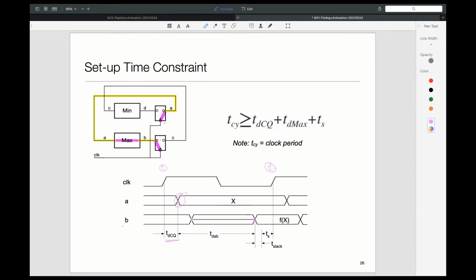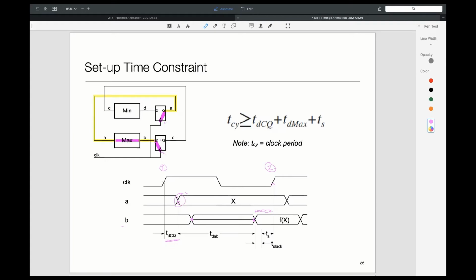So we need to make sure that when the next clock tick comes at the bottom flip-flop, B is stable for some time. And how much time does it need to be stable? Well, that's the setup time, right? So we want to make sure that this time out here exceeds the setup time. So what's going on?